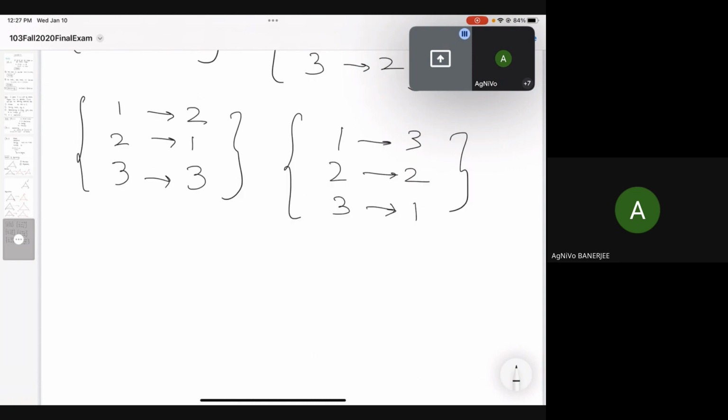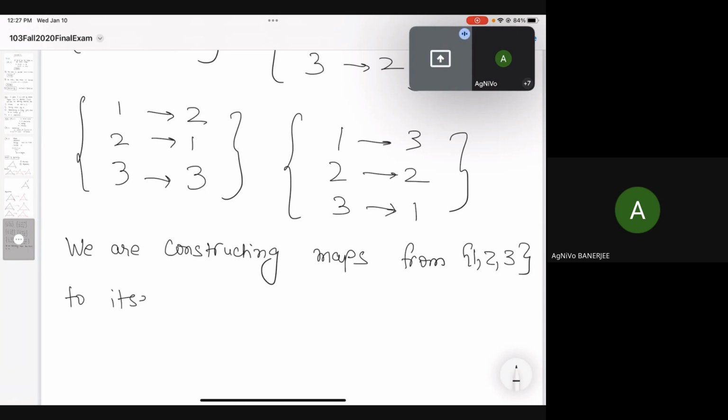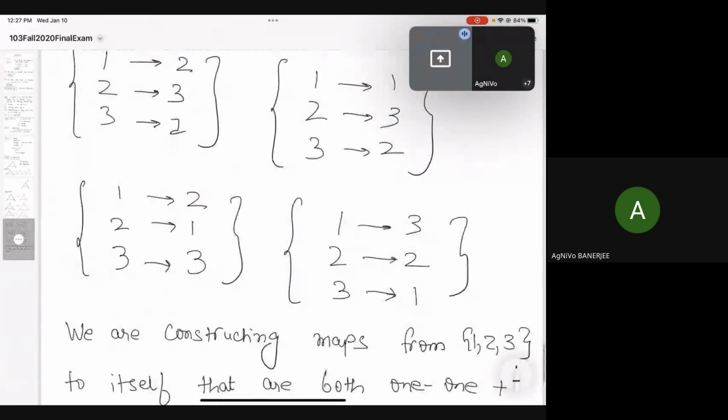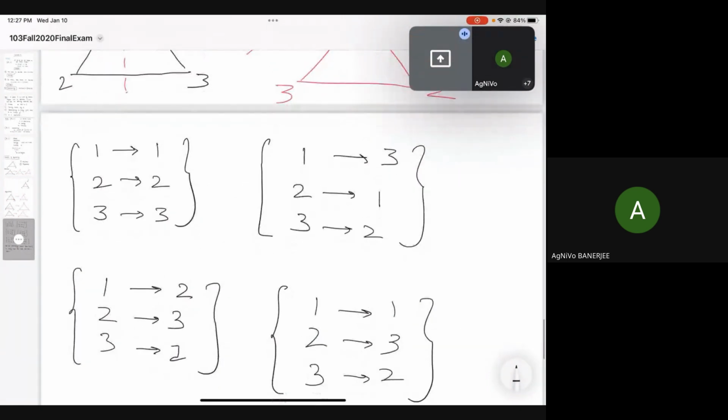So what we are doing is constructing maps or functions from 1, 2, 3 to itself that are both one-to-one and onto, right?